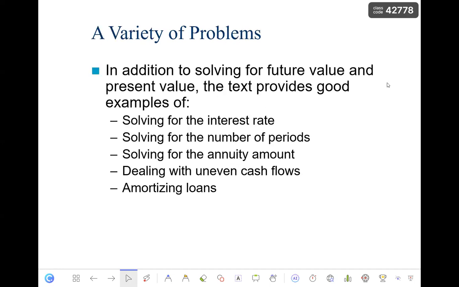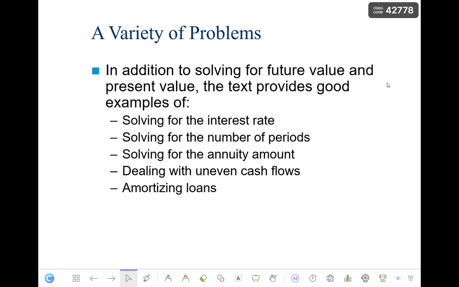So these are the different formulas you can use to value that. In addition to using what we already know, remember, we can always switch these formulas around to figure out the different components using algebra. We can solve for the interest rate, the number of periods, how much the annuity amounts are, and deal with uneven cash flows.